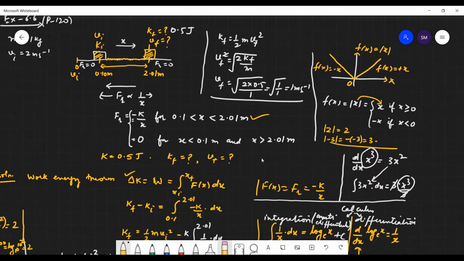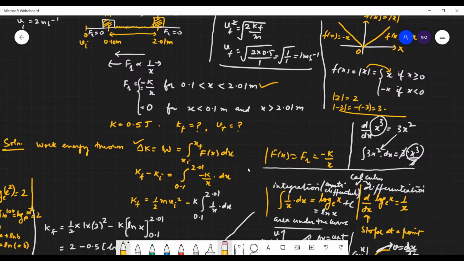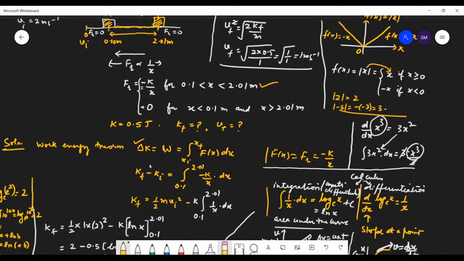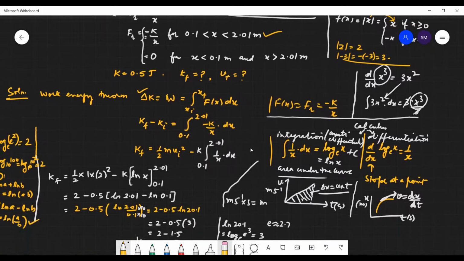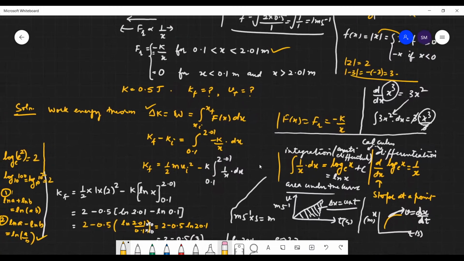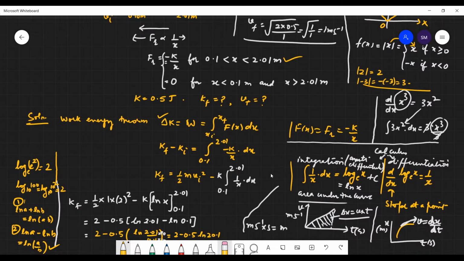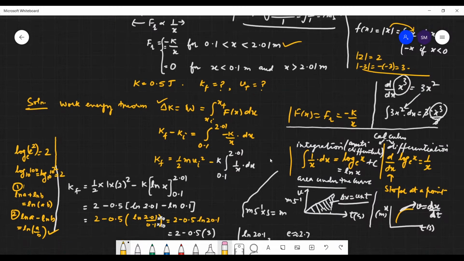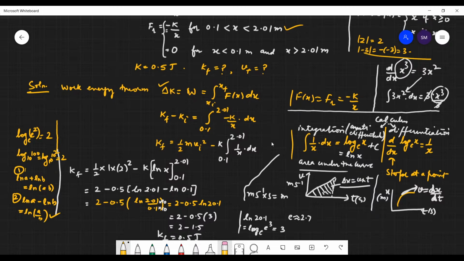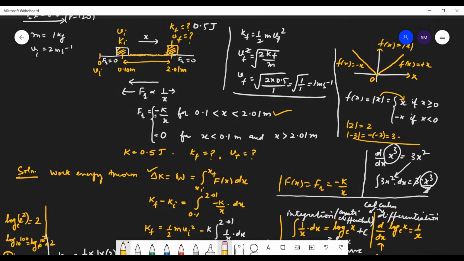Okay, so now in this question we need to find the final kinetic energy. Let us again revise this question. Yesterday my voice was low, so that is why we are doing the revision once again. The change in kinetic energy equals the work done by the variable force, that's the formula for the variable force. So final kinetic energy minus initial kinetic energy, where initial kinetic energy was ki and final kinetic energy was kf.